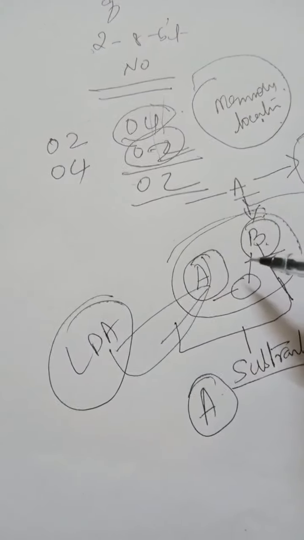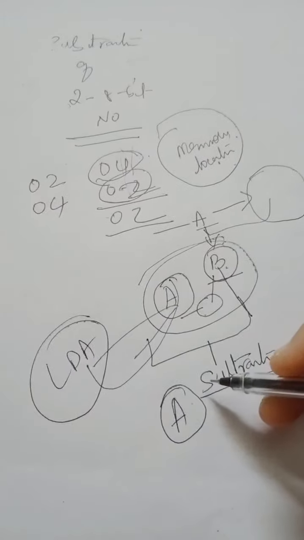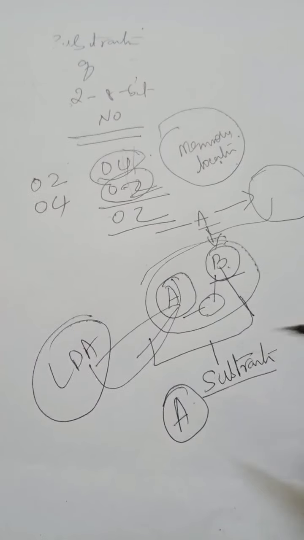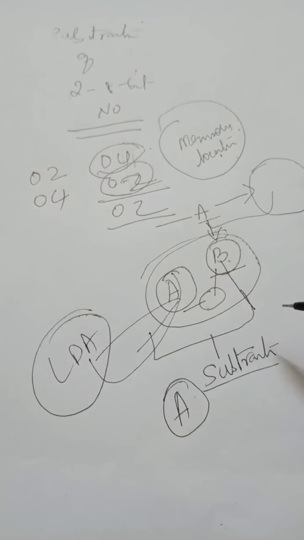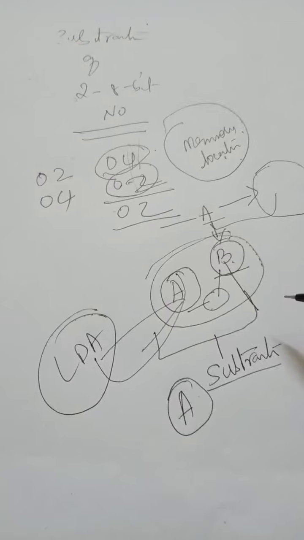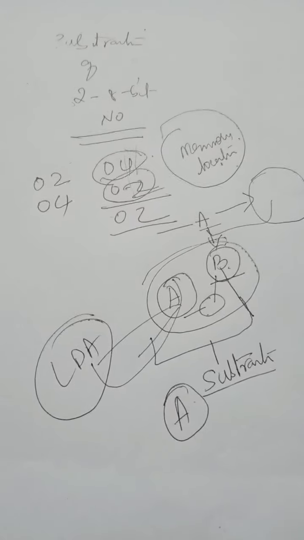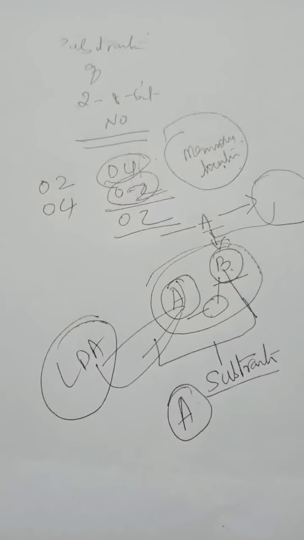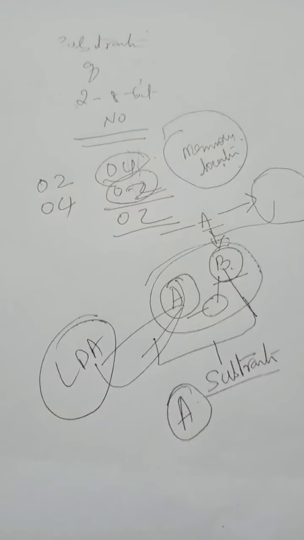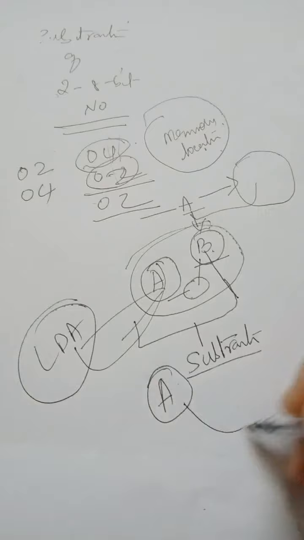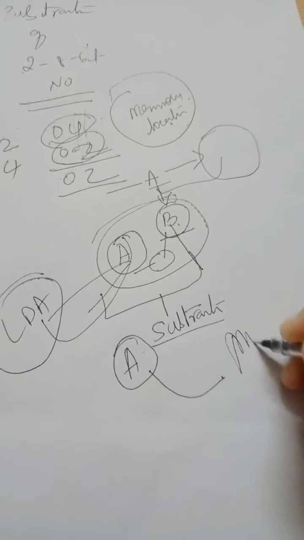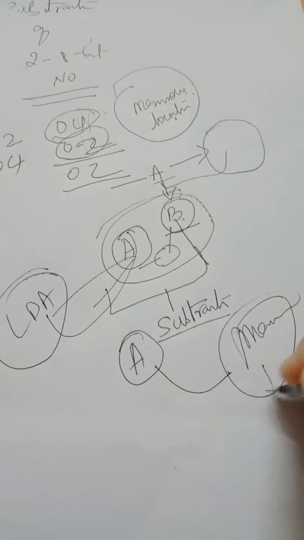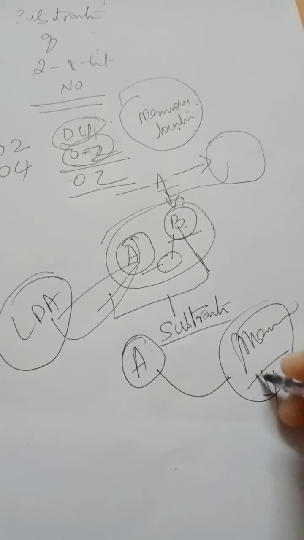Now as you are loading the data in the accumulator and the B register, that means you are loading the data from the memory location. What is your situation now? Obviously you have to give the result also on the memory location itself. You have to see the result also on the memory location.